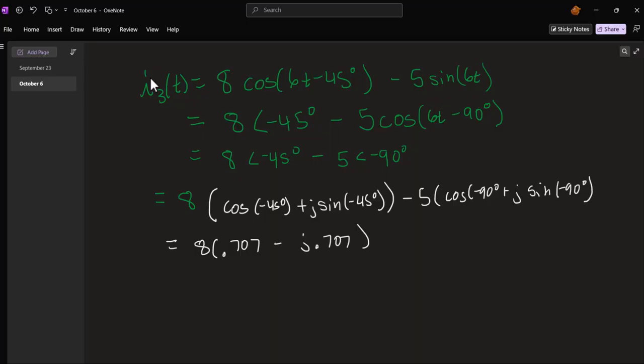I'm putting this because the calculator will only give you the quadrant 1 or 4 value.